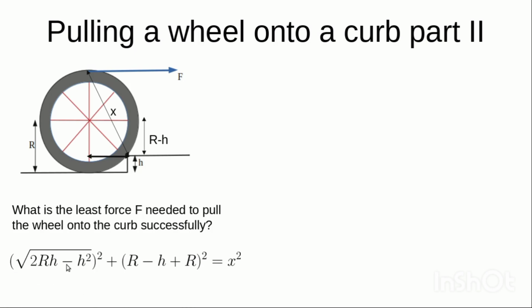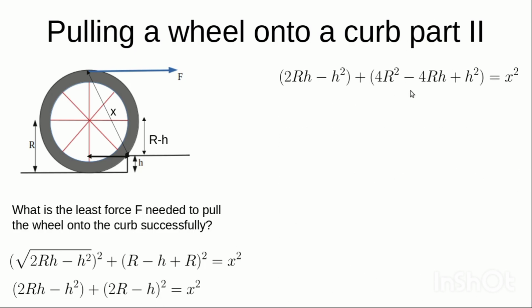So we have this part squared, plus this part squared, equal to x squared. If we make x the subject, we have something of this form. If we simplify, then we have this next line, followed by x equal to the square root of this.